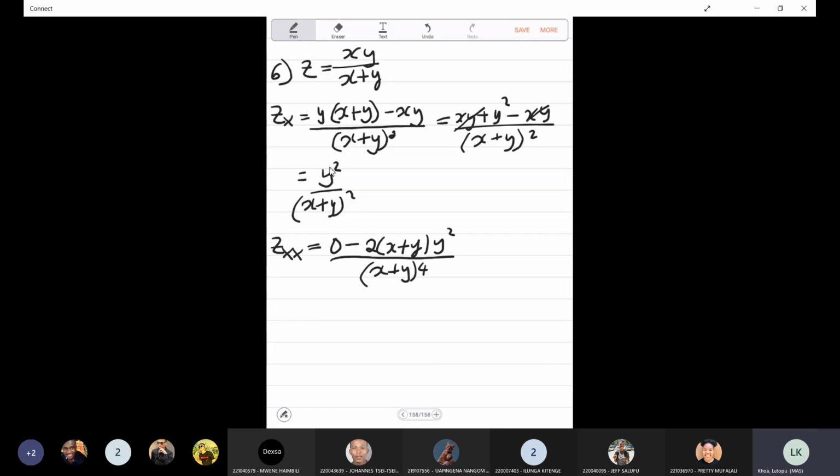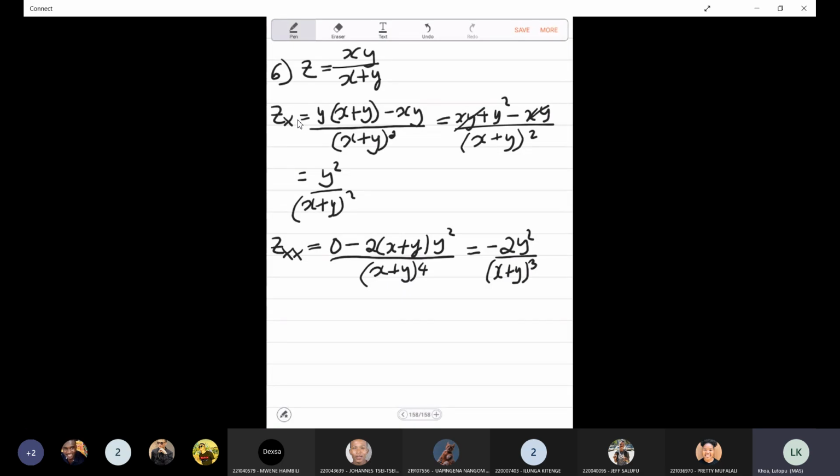You always want to simplify your answer as far as possible. We can cancel: I have x plus y here and x plus y to the power of 4, so this one will cancel with one of those, leaving x plus y to the power of 3 in the denominator. So zxx is negative 2y squared over x plus y to the power of 3.